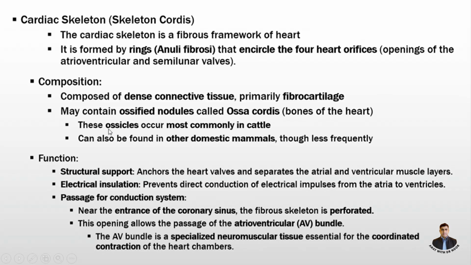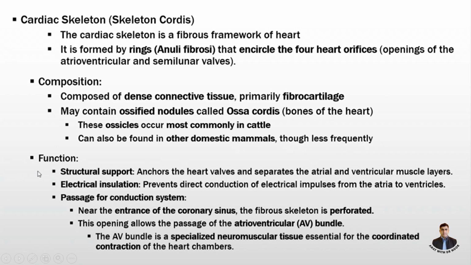These ossicles occur mostly in cattle. This is a comparative anatomic point. The ossicles occur most commonly in cattle. They can also be found in other domestic animals, though less frequently.